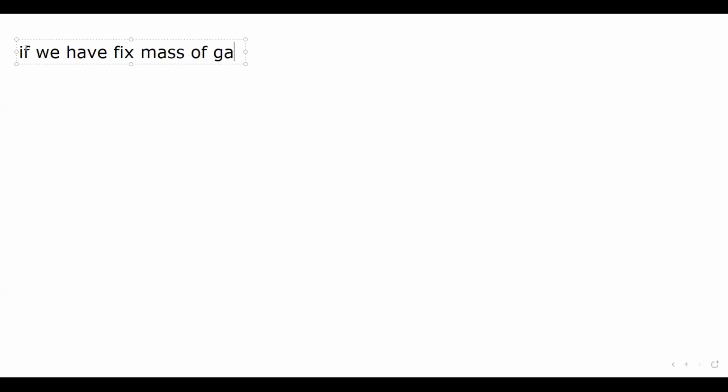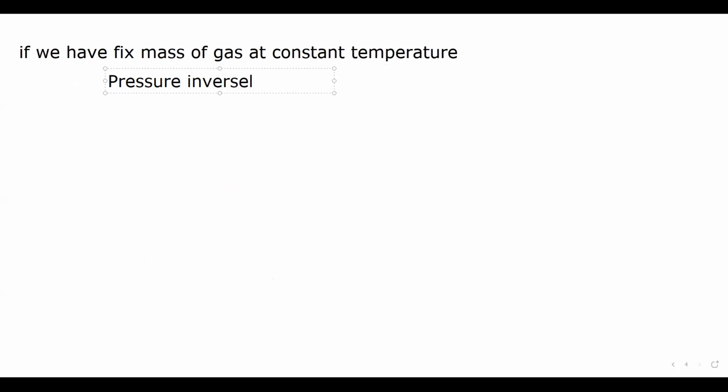of gas at constant temperature, if the temperature of the gas is also constant, then what is the relation between pressure and volume? Pressure is inversely proportional to volume. So what does it mean?